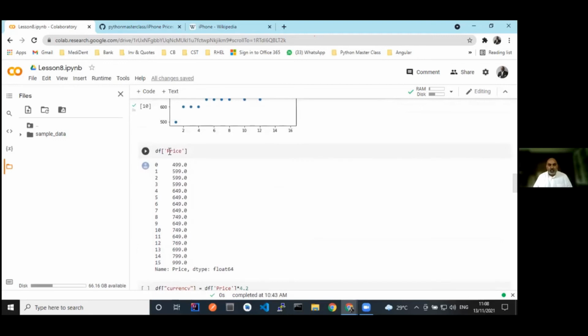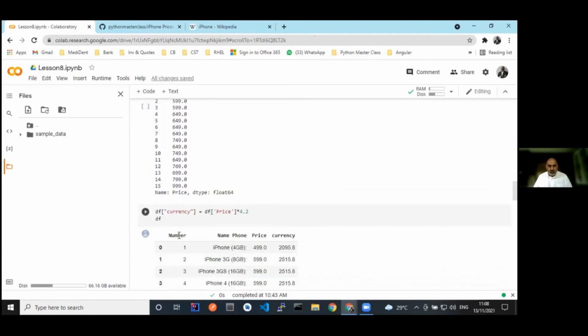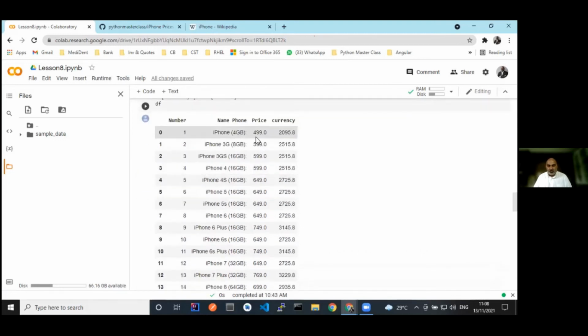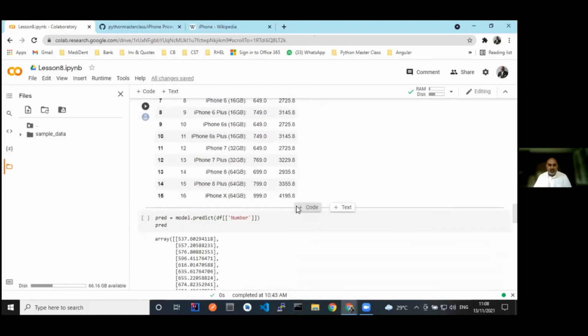This is the price column, and for the fun of it, I've created a new column called currency, assuming that the Malaysian ringgit is 4.2 times the US dollar, so we can easily convert the US dollar to our local currency.